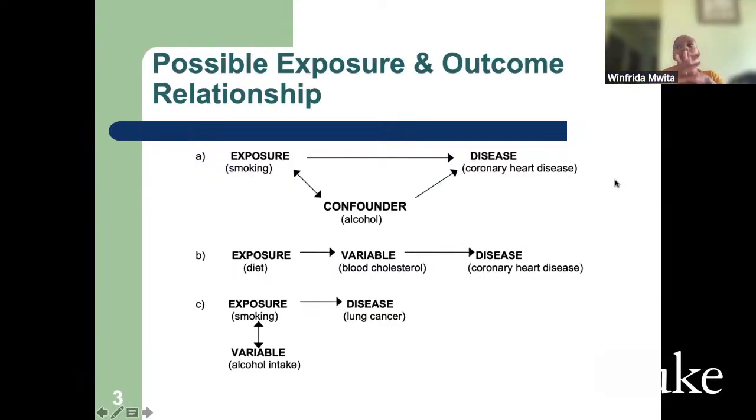So just a brief background. Usually when we have a study, we're interested to look at the relationship between exposure and outcome variables. In epidemiology, they're called exposure and outcome variables, or in statistics, we call them dependent and independent, or predictor variables.